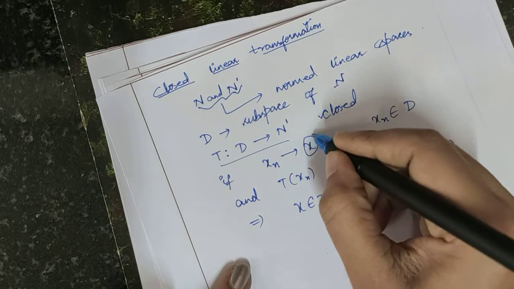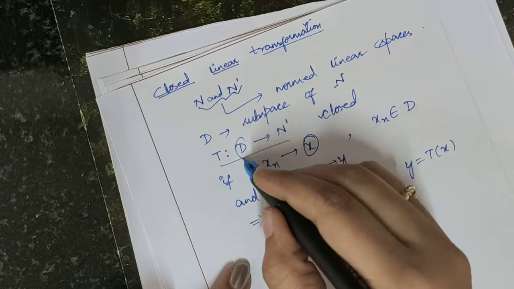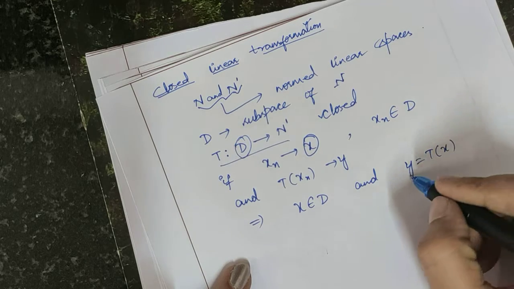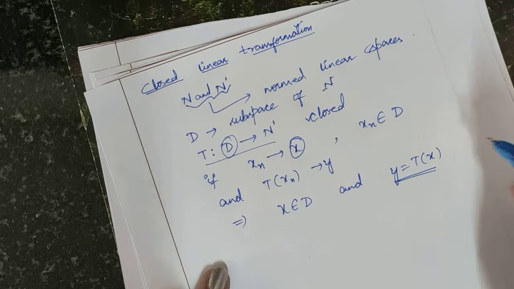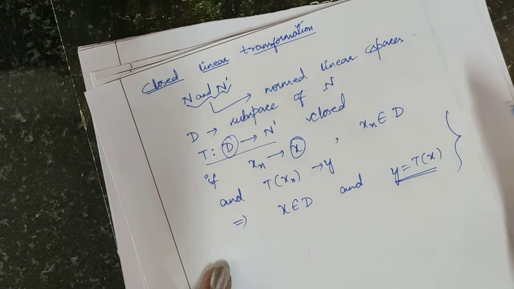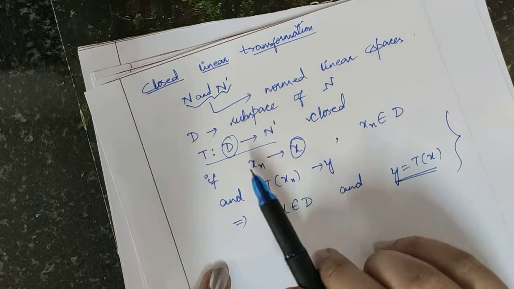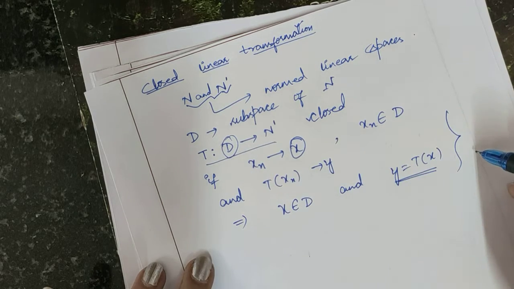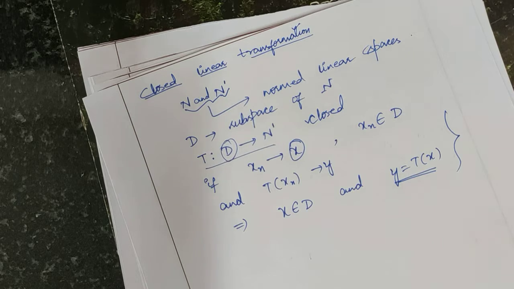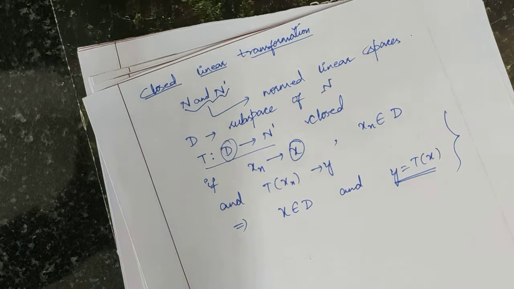That means the limit point should also belong to the subspace D and y is equal to T of x. If a linear mapping holds this condition, then it is said to be a closed linear transformation.